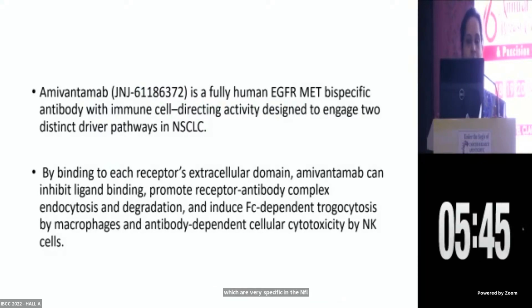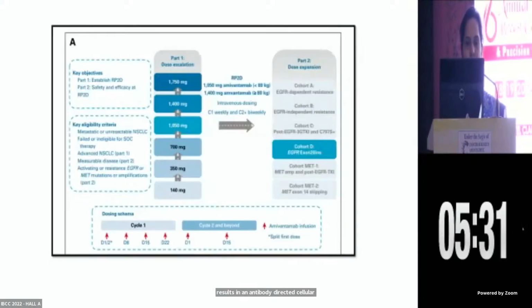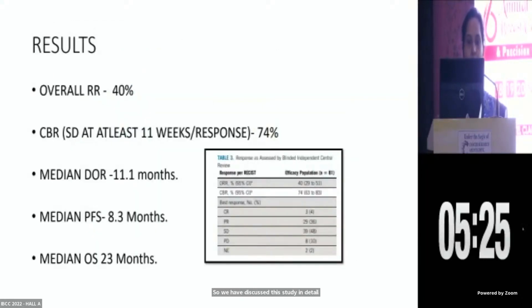By binding to the extracellular domain, it inhibits ligand binding and promotes receptor complex endocytosis and degradation, and results in antibody-directed cellular cytotoxicity. We have discussed this study in detail in Dr. Vijay Patil's talk, and it is definitely a promising molecule.